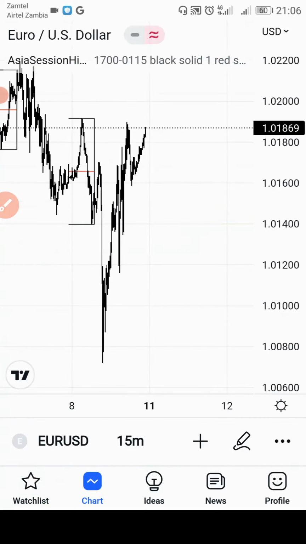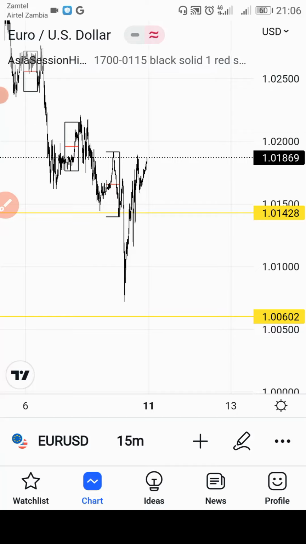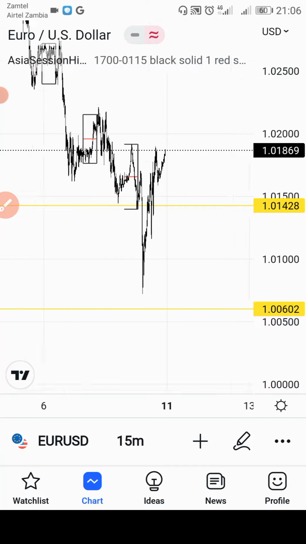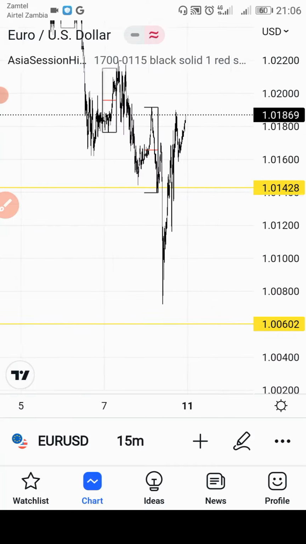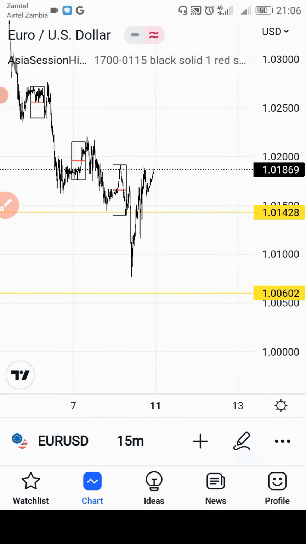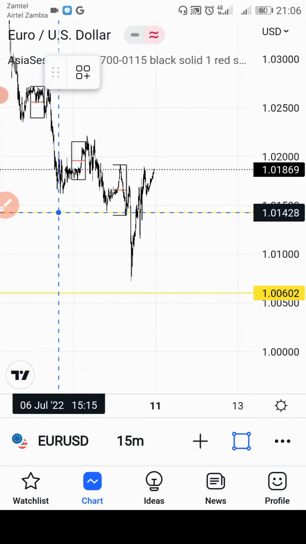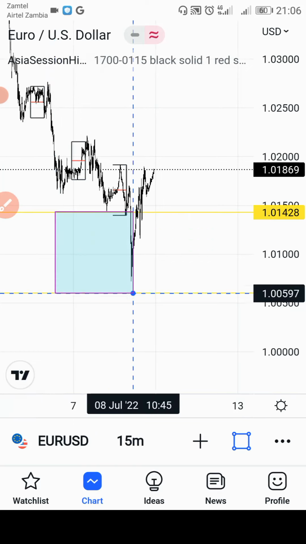And now for Euro USD. So for Euro USD, we can see... Okay, so what was I doing? Okay, yeah. These yellow lines you can currently see are actually a major level from the past. This is actually a major level.